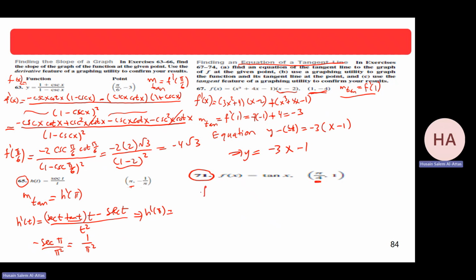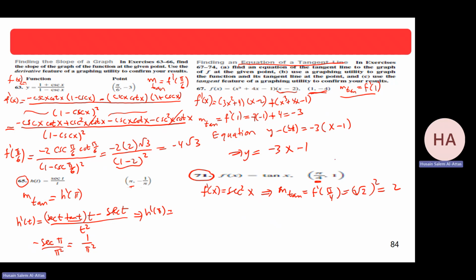What will be f prime? Secant square x. That implies m tangent will be f prime at pi over 4, which is secant square of pi over 4, which is square root of 2 squared. That will be 2. Okay.